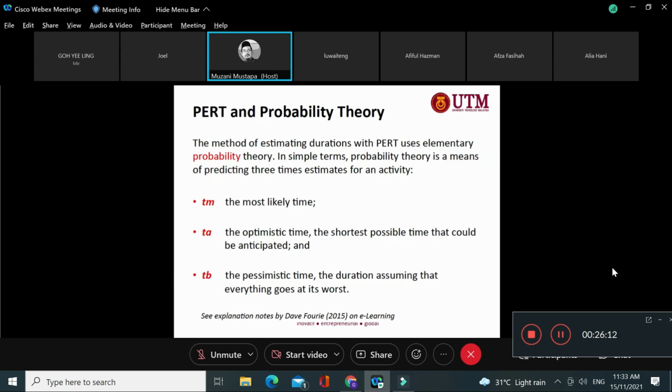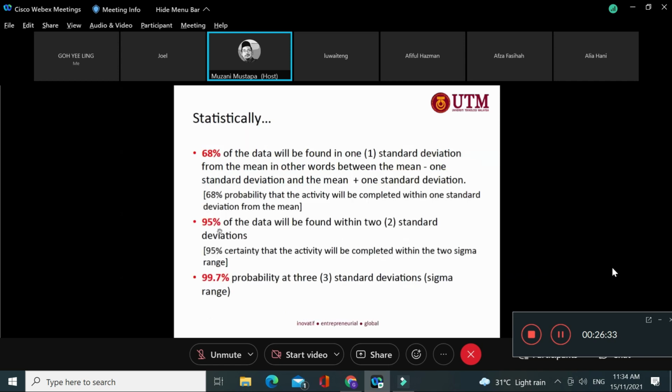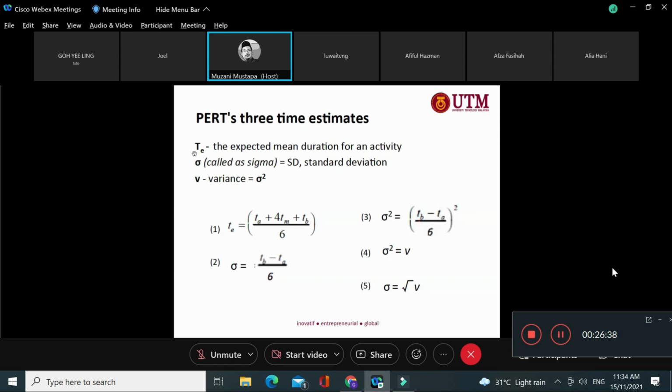So when drawing the network and then calculating the time scale network, they need to extract the expected time, meaning TE, from all these 3. So how do we get this TE? Basically they came up with this formula, equation. TE is the expected mean duration of the activity, right?